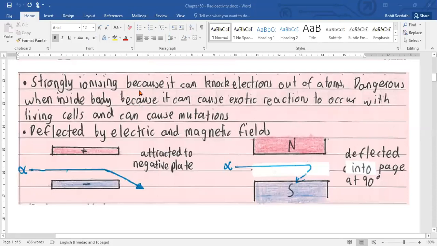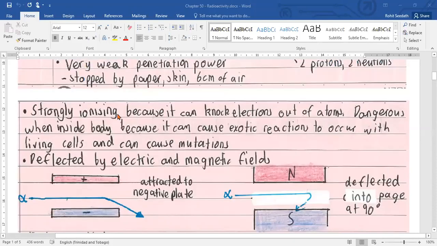Alpha is strongly ionizing because it can knock electrons out of atoms. It is dangerous inside the body because it can cause reactions with living cells and can cause mutations.